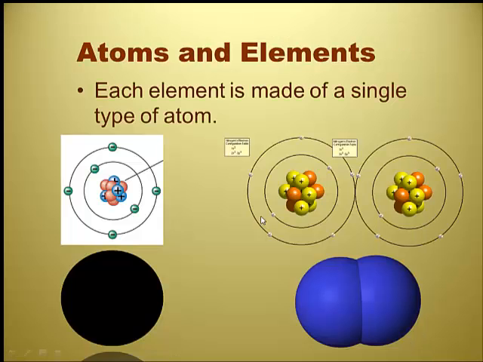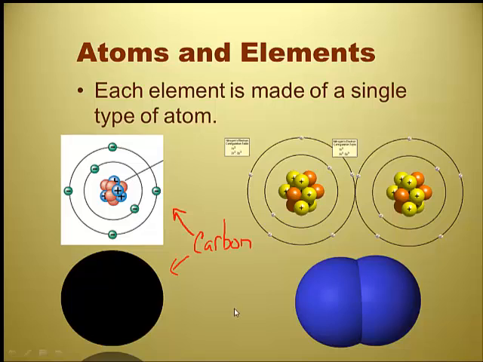Atoms and elements. Every element on the periodic table is made up of a single type of atom. So a couple of examples there. The one on the left is elemental carbon, and it's only made up of one type of atom, a carbon atom. The picture on the top shows carbon with its 6 protons, 6 electrons, and 6 neutrons in the center.